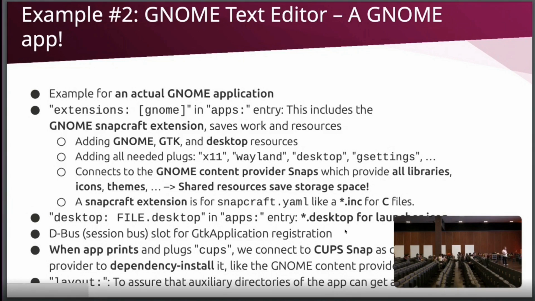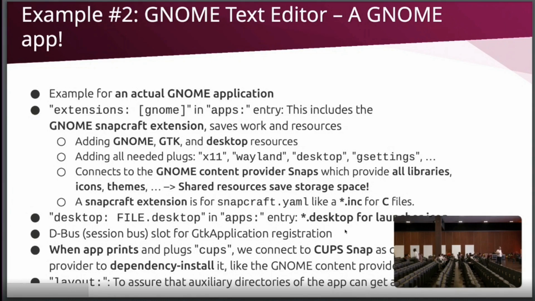It adds all the GNOME GTK and desktop resources. It adds the needed plugs: x11, wayland, desktop, gsettings. Here, desktop, for example, is an interface which gives the access to the desktop so that you can do integration, things like dark theme or so.